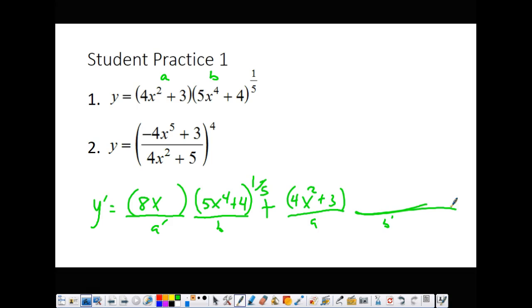Michael, when we do the chain rule, what do we get here? Okay, good. So that comes from taking your power and sliding it to the front, right? And what goes in here? And how about up here? Good. So we subtract 1 from that. And then what goes out here?